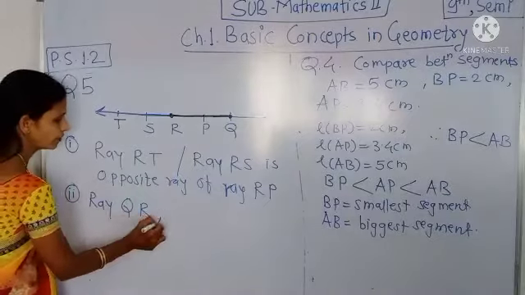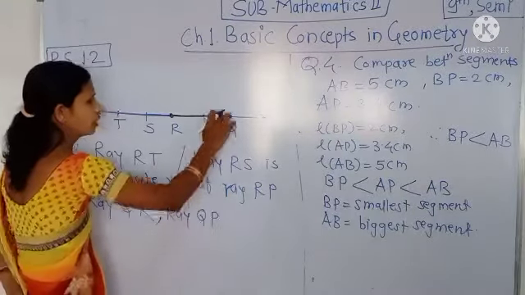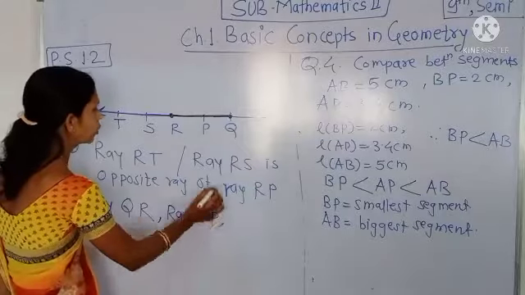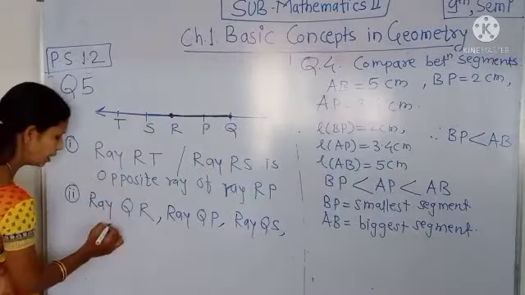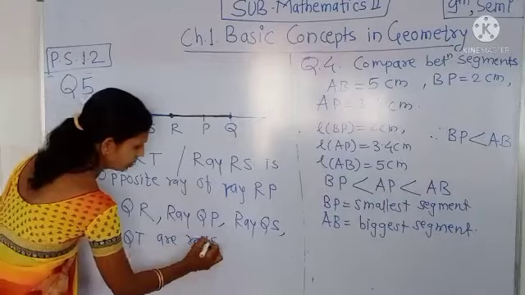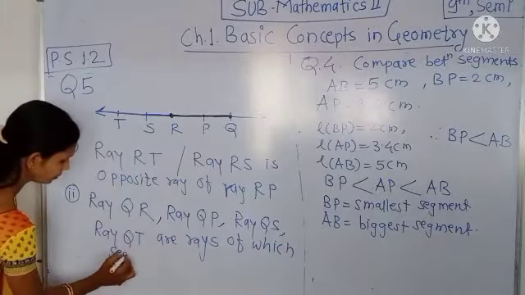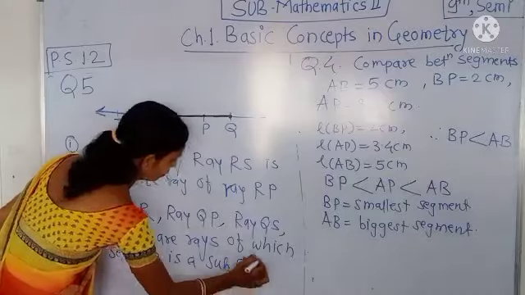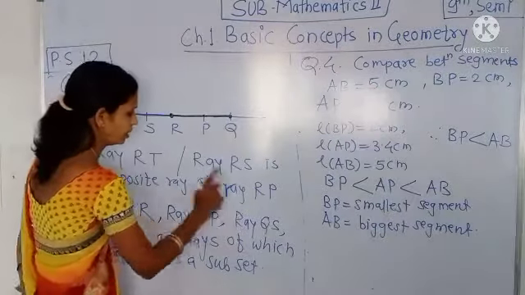Therefore ray QR, ray QP, which we can extend to infinity, ray QS, and ray QT are the rays of which the segment QR is a subset, because the points on segment QR are included in those rays.